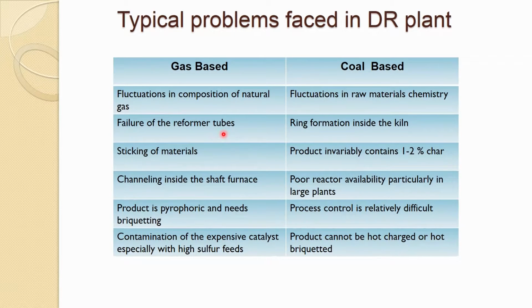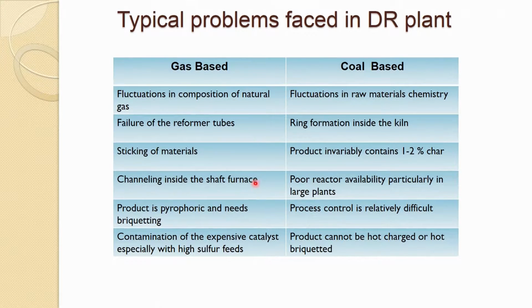Failure of the reformer tubes, this is also quite a common problem in the gas based reformer units. Sticking of materials, this is one of the major problems, especially in withdrawing the material after reduction, and some low melting gangue has formed, so some sticking problem may occur, and that's quite prevalent.